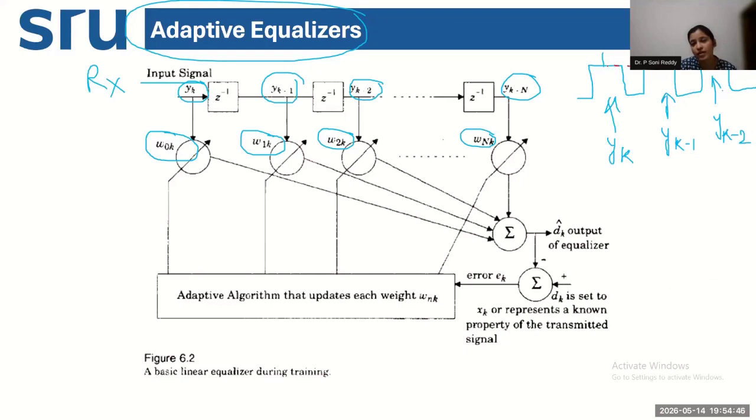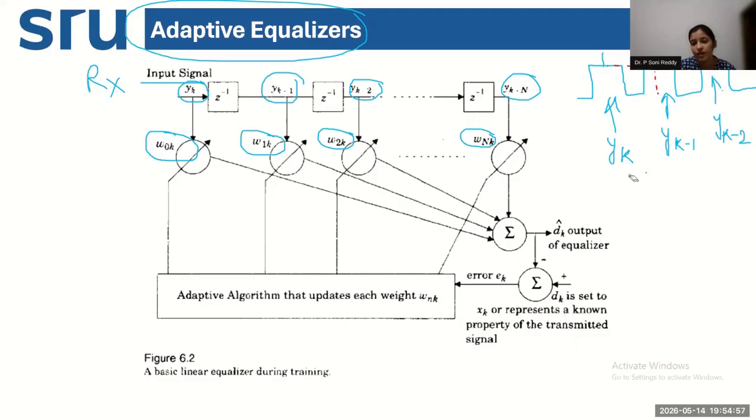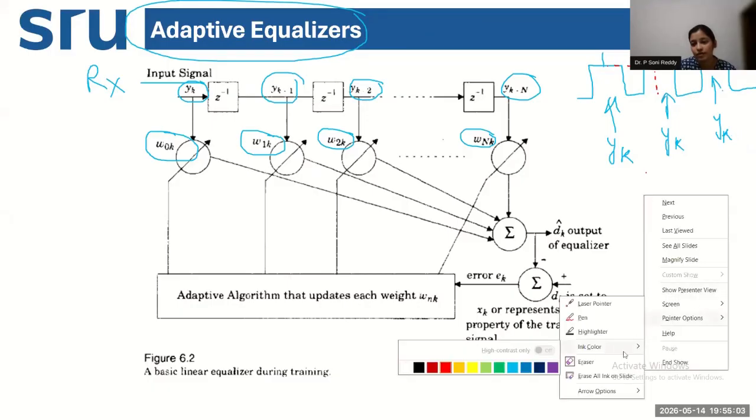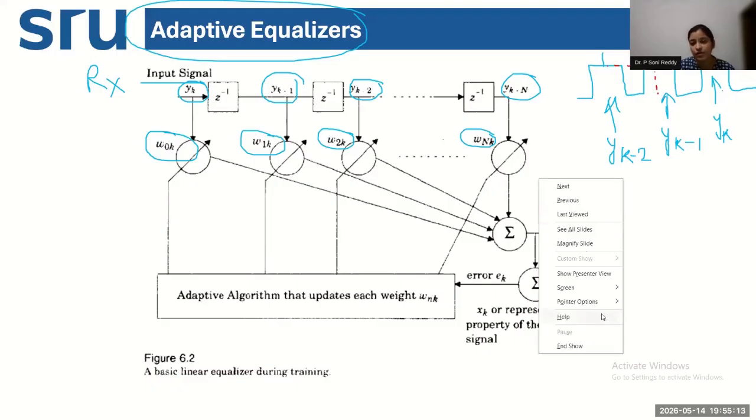This current symbol will be overlapping with the other symbol, and okay, sorry, let me correct this. The correct sequence is: this is yk, this is yk minus 1, and this is yk minus 2. I'm going in reverse actually. So this is my actual correct sequence.